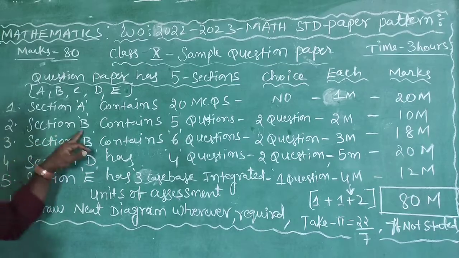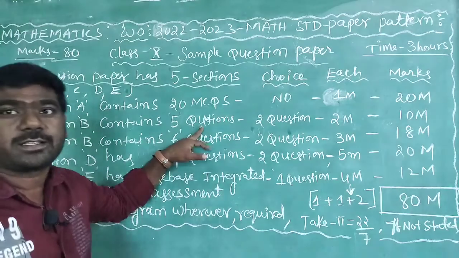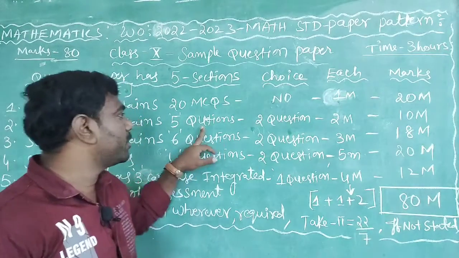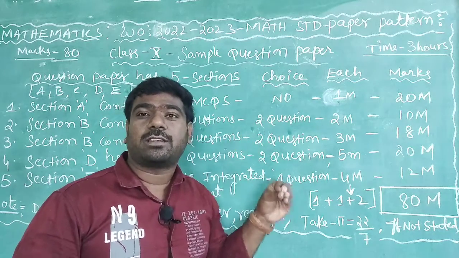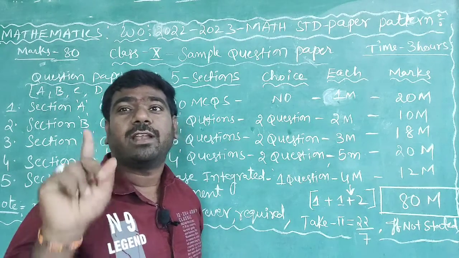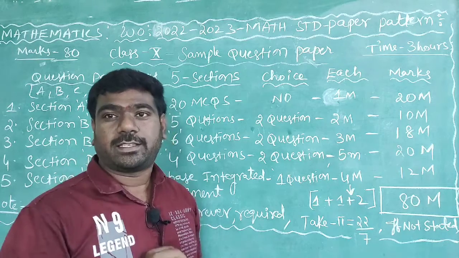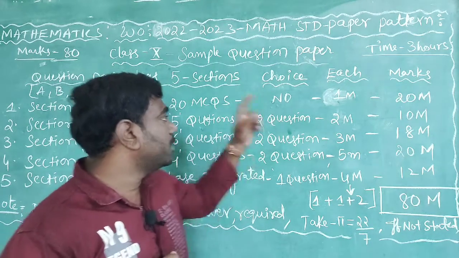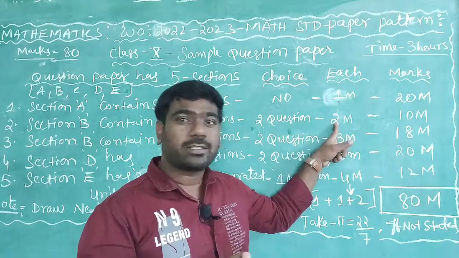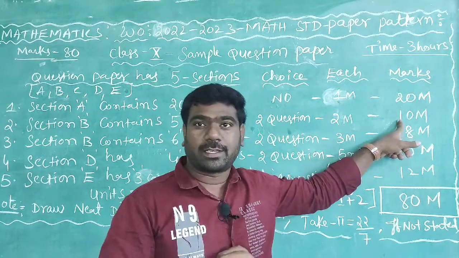Now section B contains 5 questions. Out of 5 questions, 2 questions will have choice. Each question 2 marks, total 10 marks.